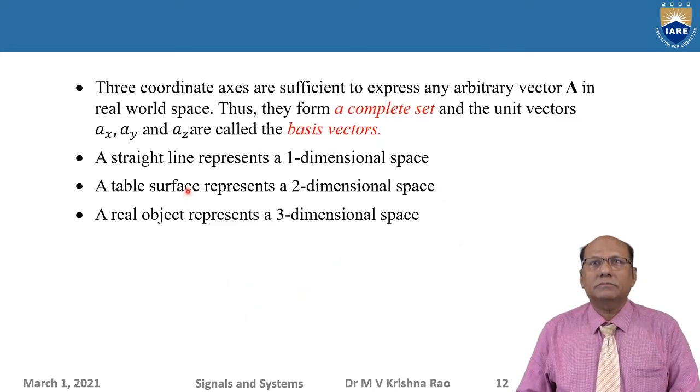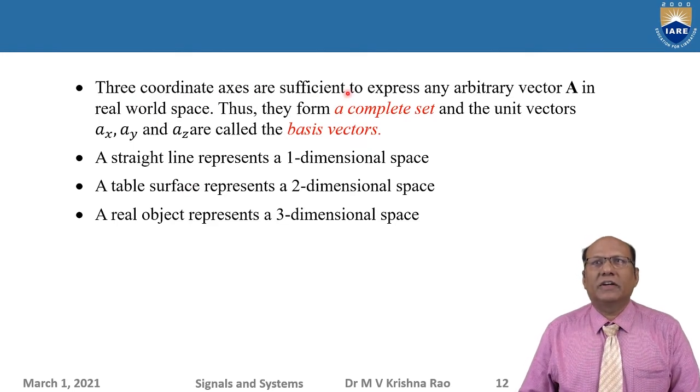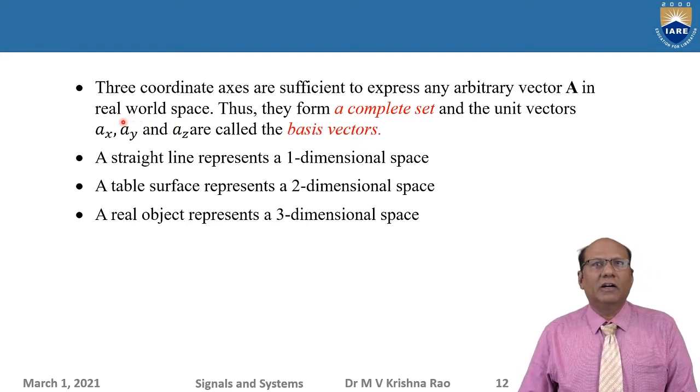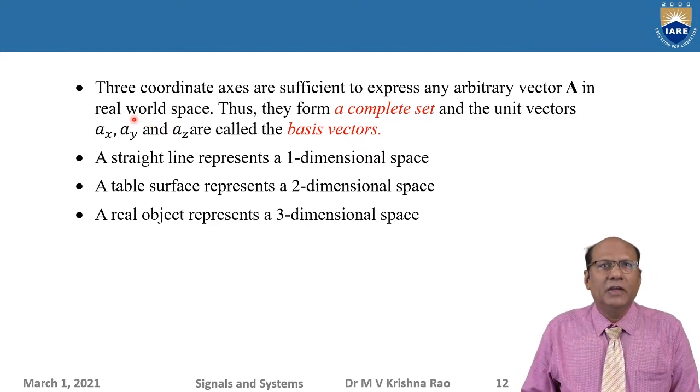Now, three coordinate axes are sufficient to express any arbitrary vector A in real world space. If you take the real world, the three coordinates are sufficient. Thus, they form a complete set. That is why these three axes can be called a complete set of vectors, and they are called the basis vectors.